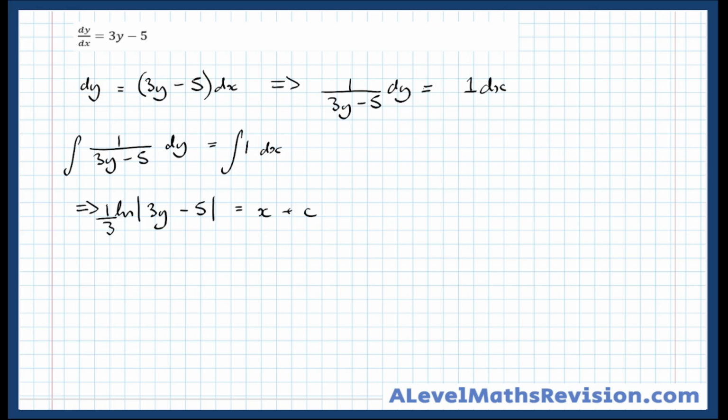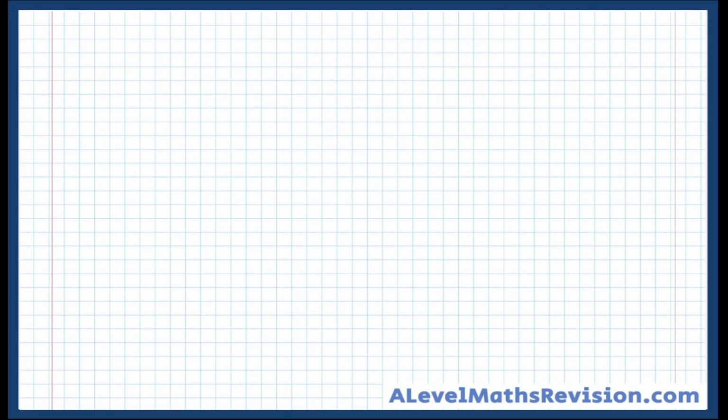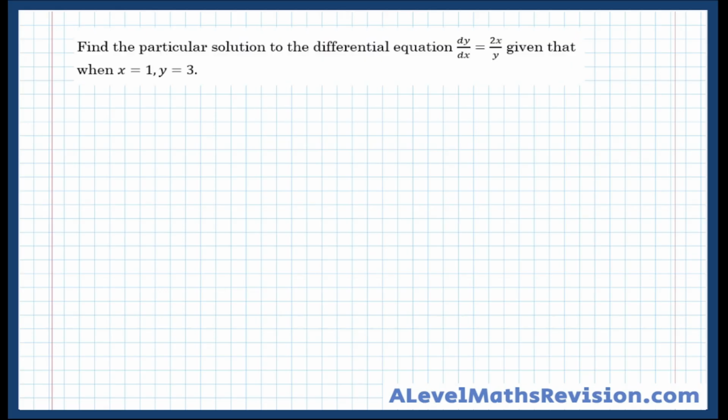So now let's do one where we are asked to find a particular solution, i.e. find the value of the constant. There's not that much more to these examples really, so you might want to pause it and have a try of it yourself. We'll find the particular solution, i.e. find the unknown constant as well, to the differential equation dy by dx is 2x over y.